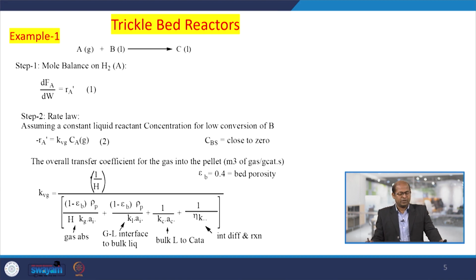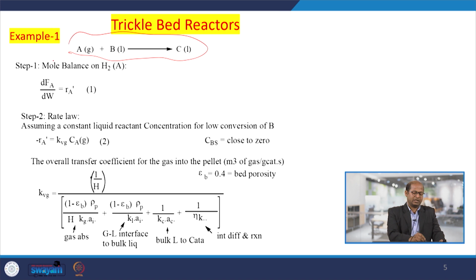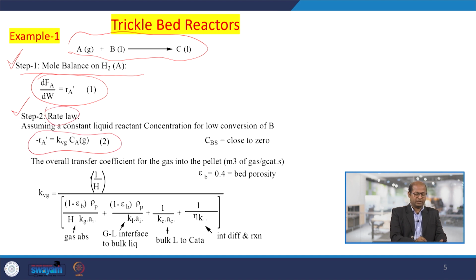So, this is our system. In step 1 we have done the mole balance. As per the mole balance, the design equation for the packed bed reactor is dFA/dW equals Ra prime. In the rate law, minus Ra prime equals kVg times CAg, and this kVg comes from here.